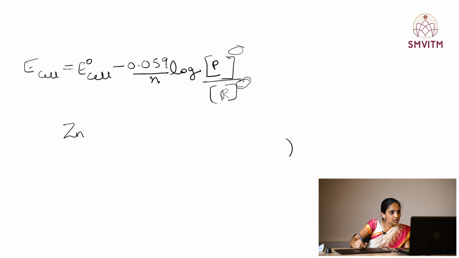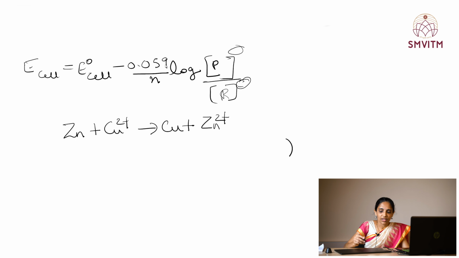So if you have a reaction of the type Zn plus Cu2 plus giving Cu plus Zn2 plus, then what is the value of N? You see the change in oxidation state of zinc. It is 0 here and here it has become plus 2. So the change is 2 minus 0, that's 2.